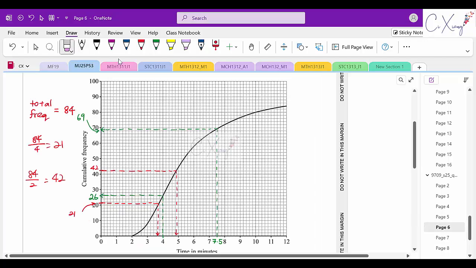The same thing happens for the third quartile. You take 84 divided by 4 and multiply by 3, because the third quartile covers the first 75% of your whole data. Therefore, you use 3 divided by 4, which is 75%, and you get 63. It means you estimate the value from 63. Same thing, draw a line to touch the curve, then estimate the value from the x-axis.